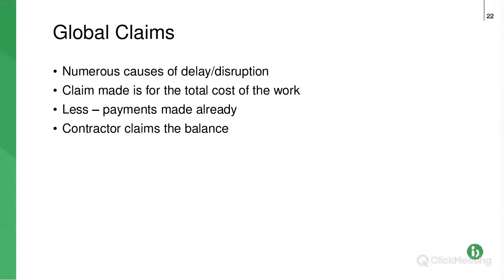Global claims, I'm just going to skim through this, because we all like to, particularly employers, like to talk about global claims, but I think we get a little bit muddled as to what a global claim is.